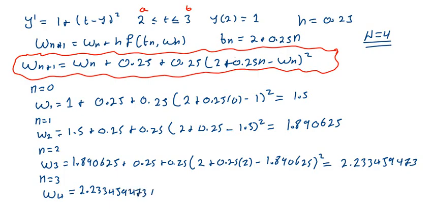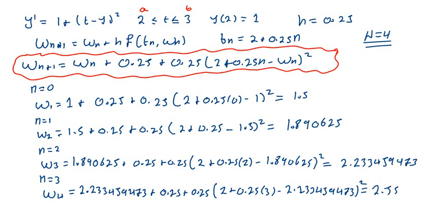2.233459473, plus 0.25 plus 0.25, in the brackets we put 2 plus 0.25 times 3, minus 2.233459473, and when that is squared, punch all of this on your calculator, you're going to end up with something like 2.550163002.